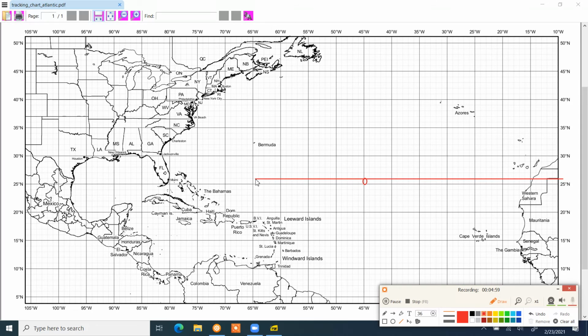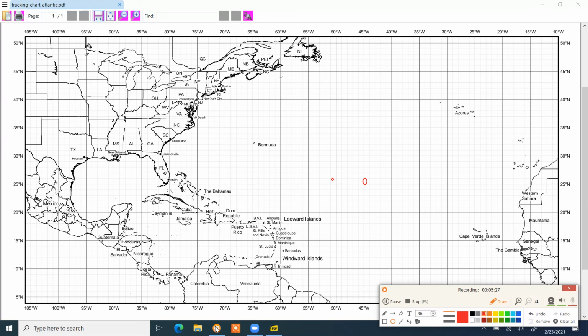This is 26. It also told me 51. This is 50, so the next light line must be 51. I'm going to draw that here. Oh, and there it was. It must have been at this point, so I'm going to draw a small circle there. That's 26, 51, something like over there.